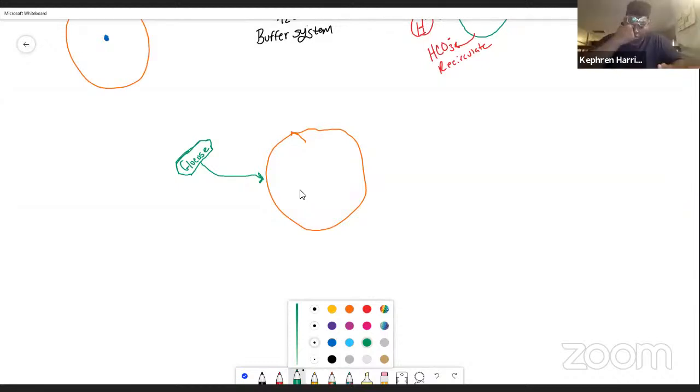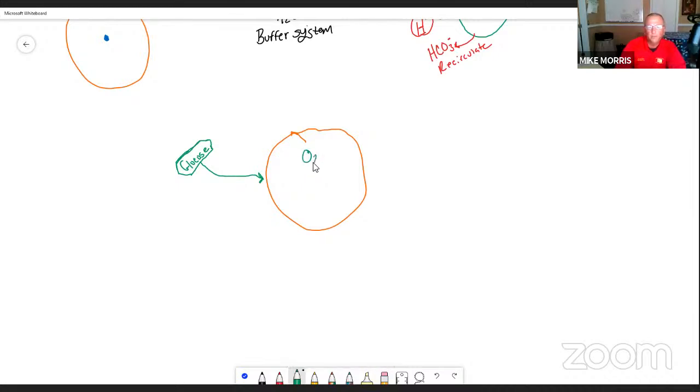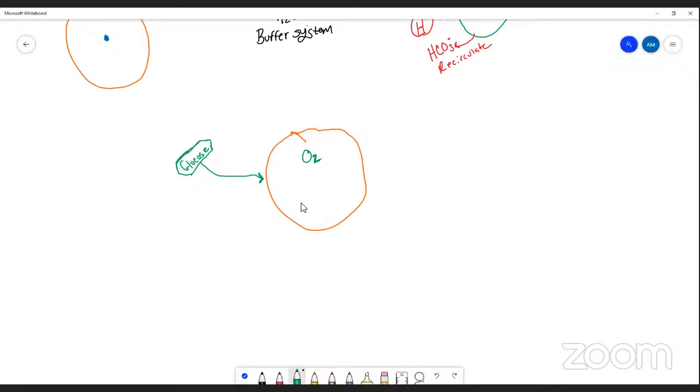Oxygen. Yeah, that's who you really want it to meet up with. Because if oxygen is there, what can eventually happen? You can go into the Krebs cycle and electron transport chain.